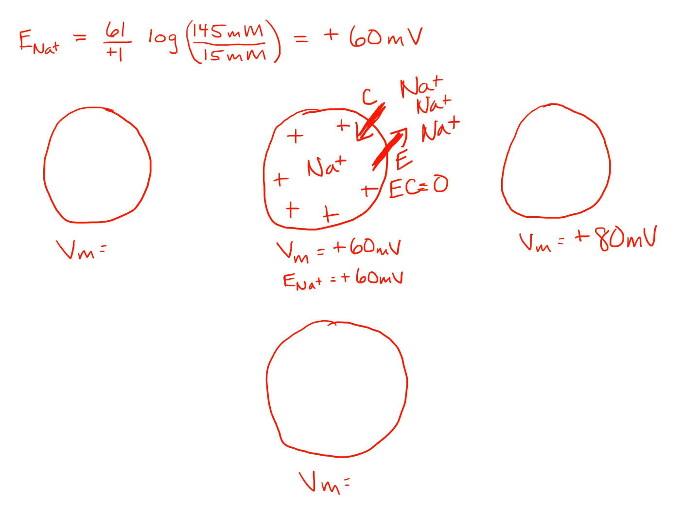So what I do to show the difference in the membrane potential, at +80 millivolts, we have more plus charges than we did at +60 millivolts. So I'm going to draw more pluses inside my cell to show a higher positive membrane potential than at +60 millivolts. We're not going to change the concentration gradient at all, so the amount of sodium stays the same.